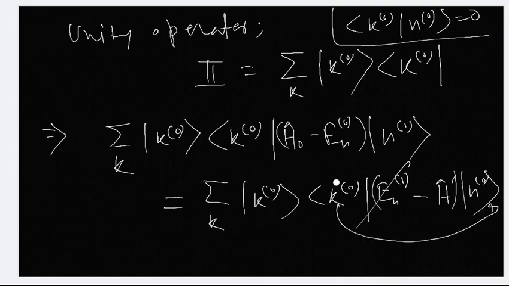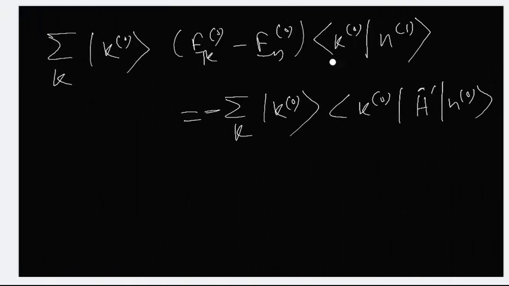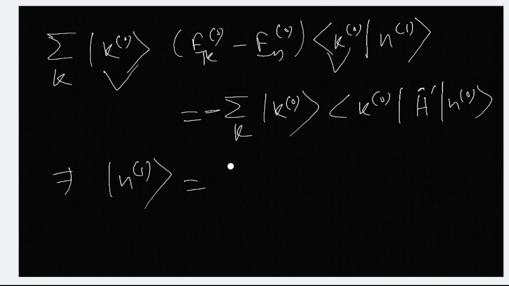This minus was entered. Now this one and this one over k will yield the unity operator. I operating over any quantity will yield that quantity. So you can write |n1⟩ equals summation over k.